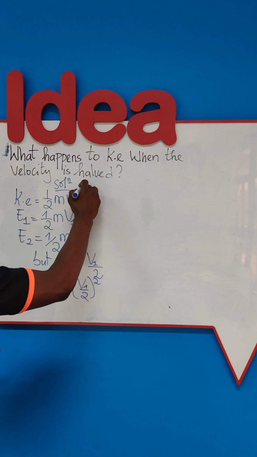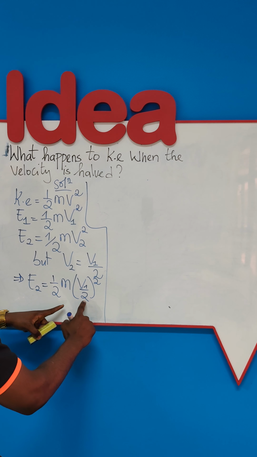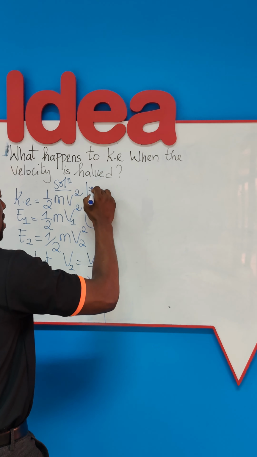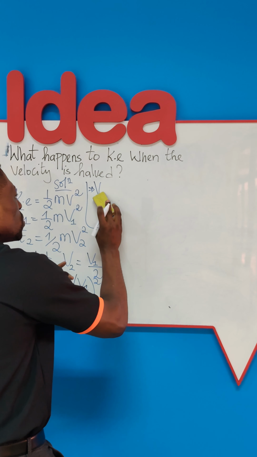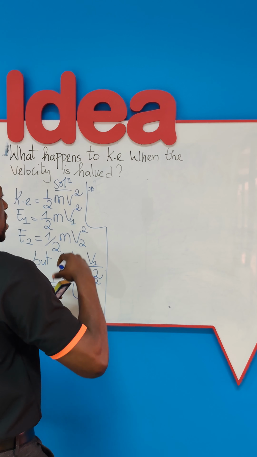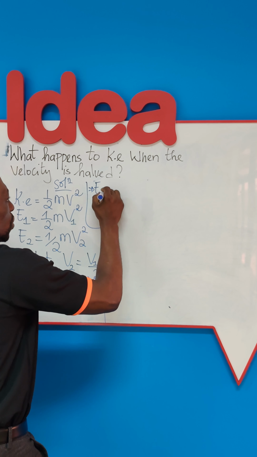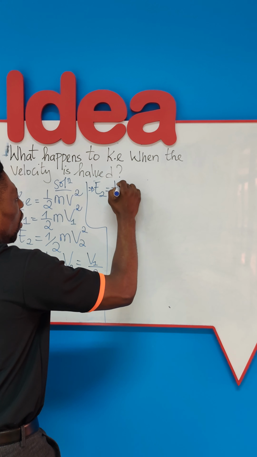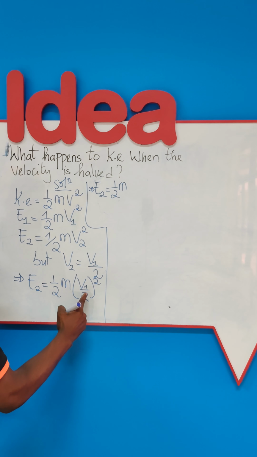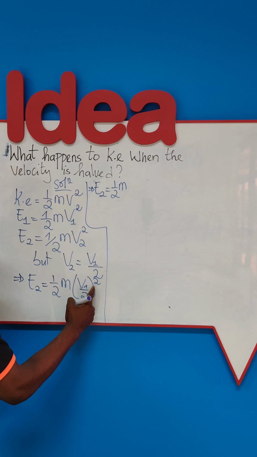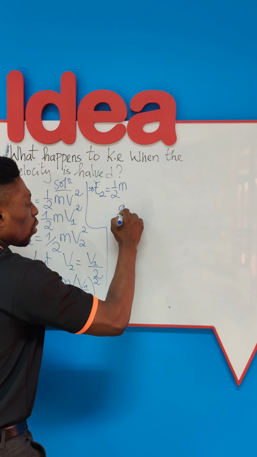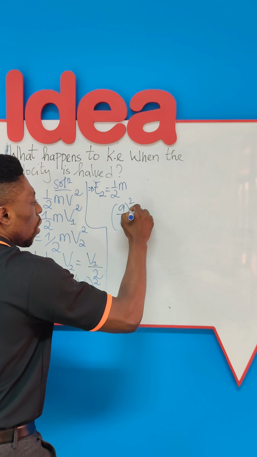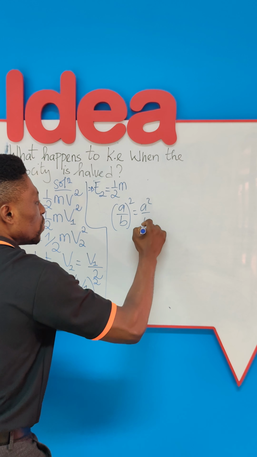All right, so we will proceed by simplifying this expression. This means E2 is going to be equal to half of the mass. Now we know that there's a property of indices that says that A all over B raised to the power 2 is the same as A squared all over B squared.